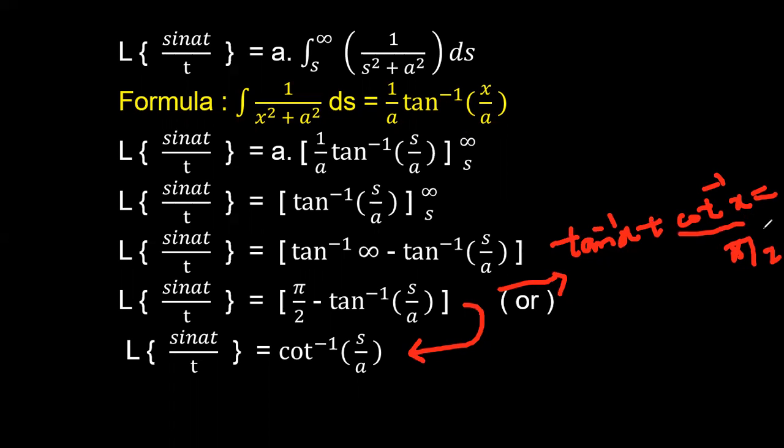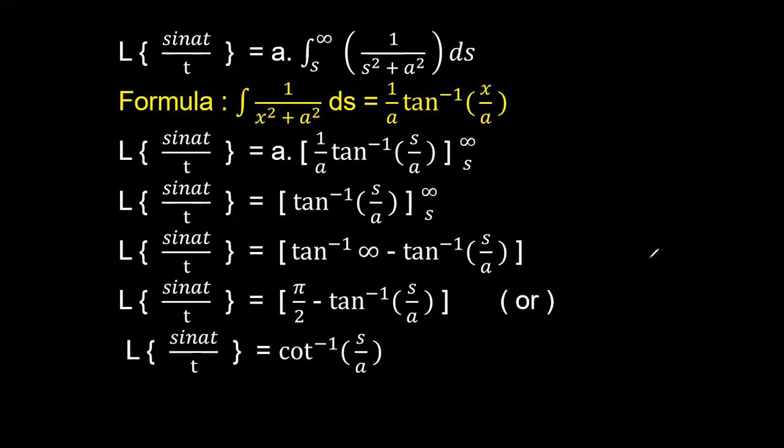So from that, cot inverse x is equal to pi by 2 minus tan inverse x. So we can make an alternative way to represent this term as cot inverse of s by a. Either one is the right answer.